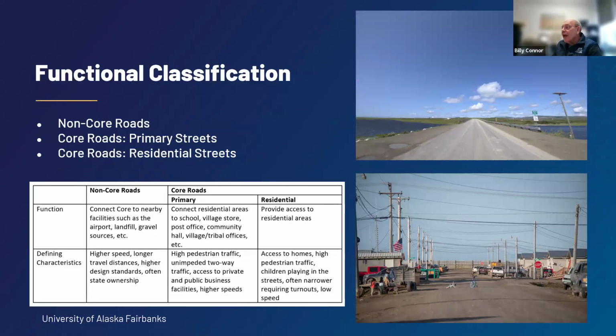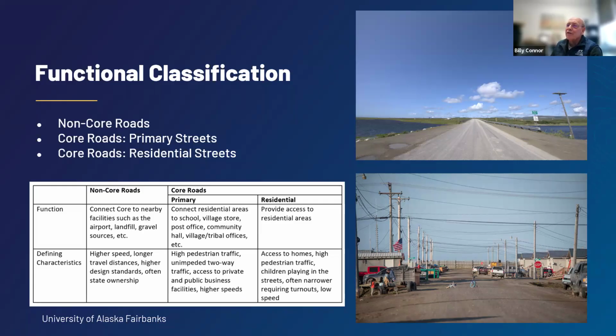Okay. In order to try to bring things into focus, we went through a number of iterations trying to figure out how to do functional classifications. The classifications for most of the roads that we use on our highway transportation networks simply did not fit the village.